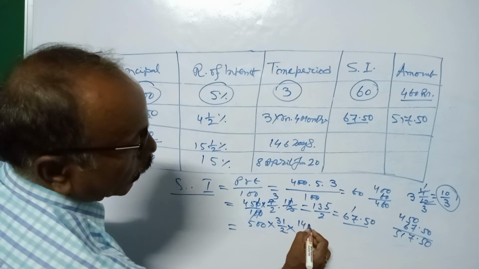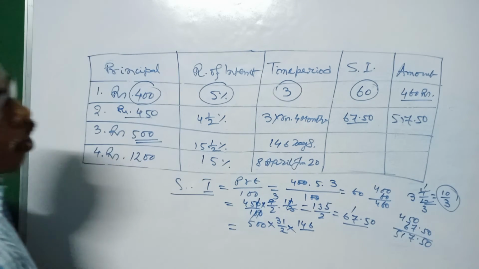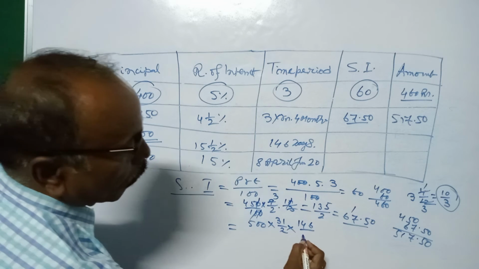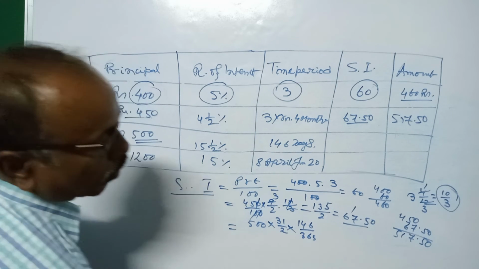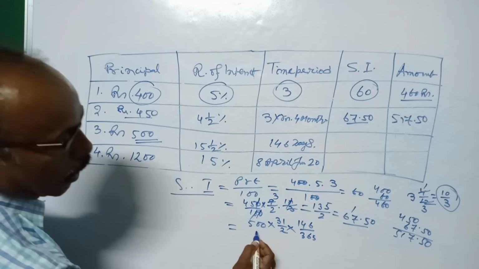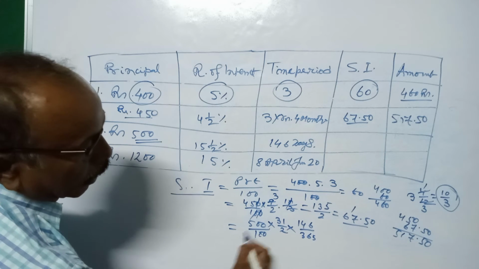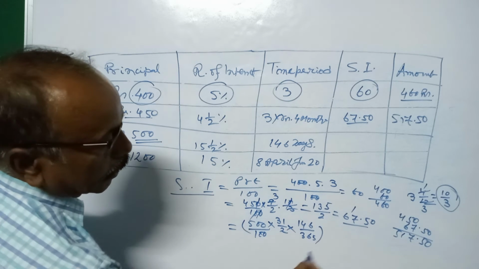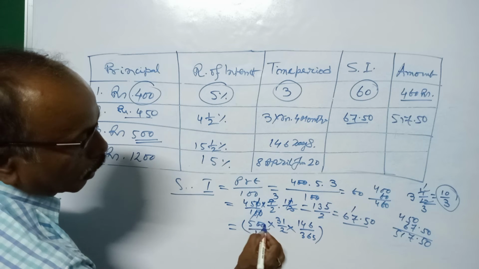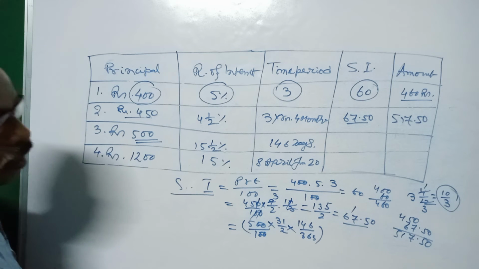My dear student, you see 146 divided by 365. This is the time period, and total divided by 100. This is simple interest. You see the zeros are crossed.